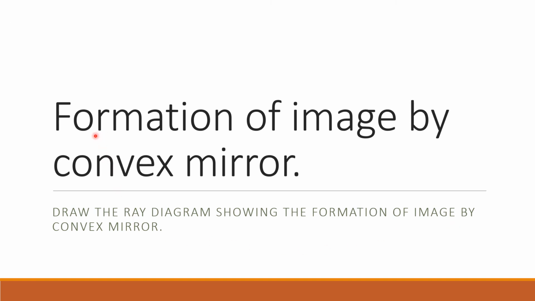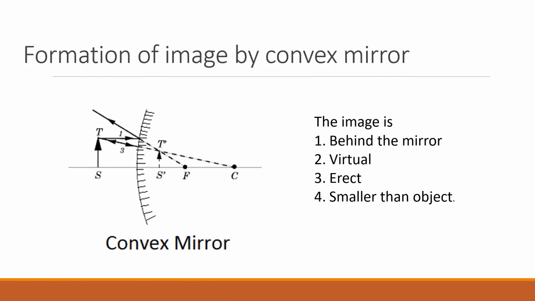Right. Now let's discuss the formation of image by a convex mirror. Now draw the ray diagram showing the formation of image by a convex mirror. For a convex mirror, it's very simple.